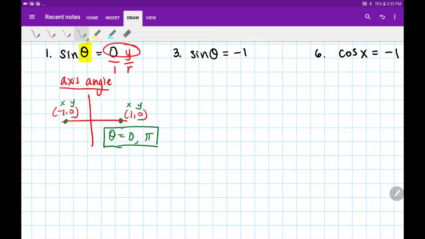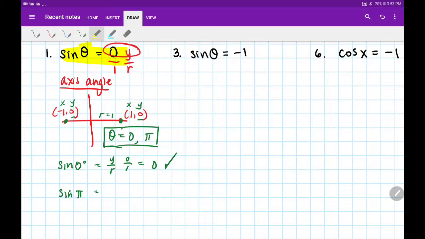And we can do a quick check to make sure that our work makes sense by saying, hey, what is sine of 0? And making sure that it's the right answer. And same with sine of pi. So sine, remember, is y over r. So at 0 degrees, my y is 0, and my r is equal to 1. That gives me 0. Check. I've confirmed that this is true for theta equal to 0.